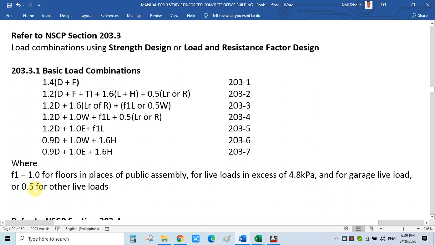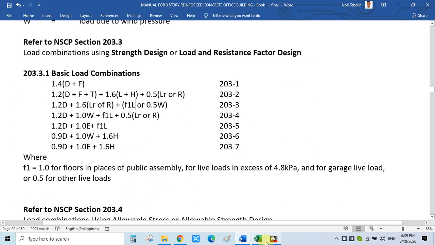So, kaya magiging yung F1L natin dito, pagdating dun sa load combinations natin na generate natin dito, 0.5 siya, yung F1.